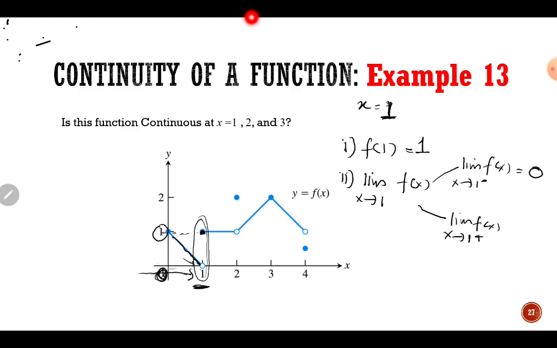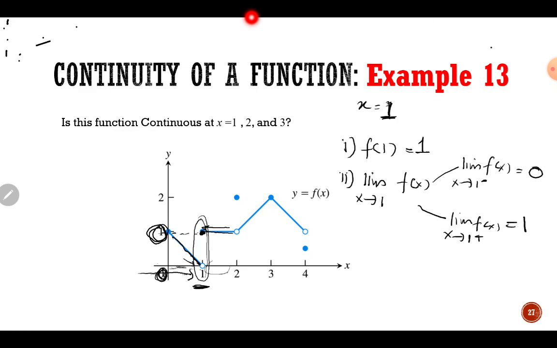Okay, from the right, dari arah kanan, adakah also 0 dari arah kanan? No, we don't have any curve approaching x approaching 1 from the right yang menyebabkan is equals to 0. But instead we have as x approaching 1 from the right, daripada arah sini is regard to this curve, so is approaching 1. Kan? Is approaching 1.